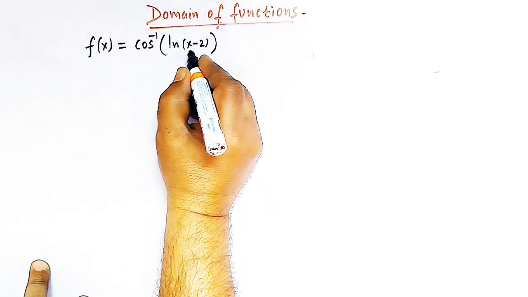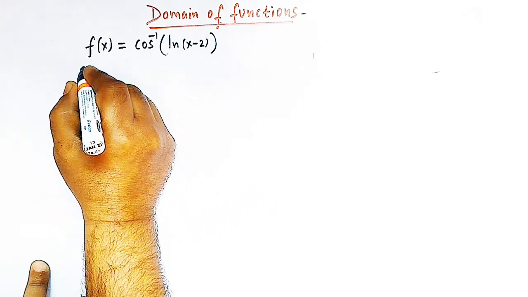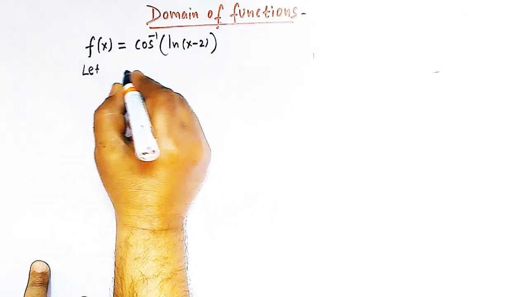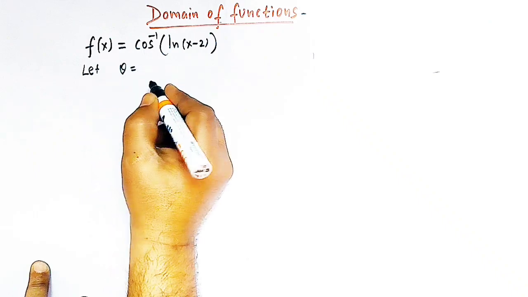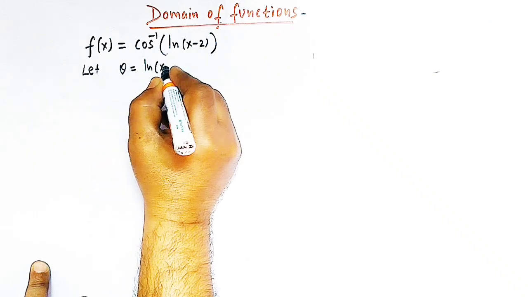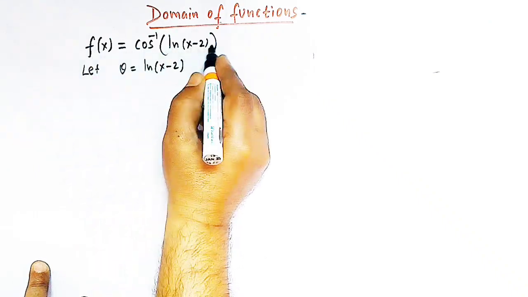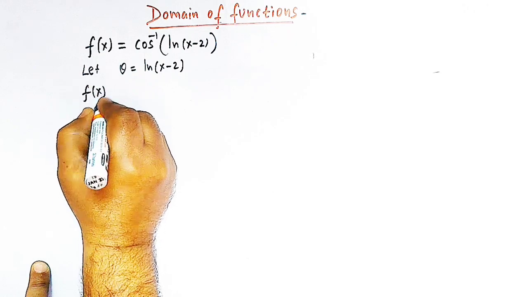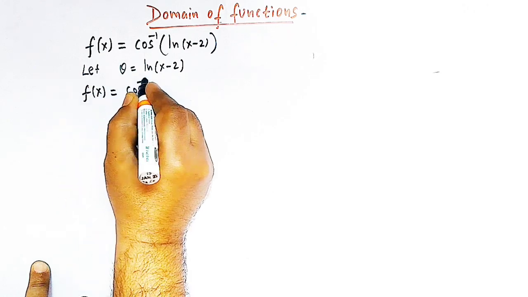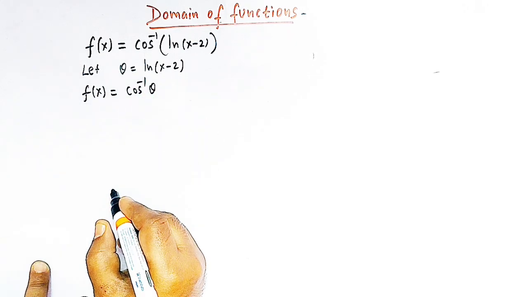So let us take natural log of x minus 2 as theta. So here we'll make this assumption, that is theta is equal to natural log of x minus 2. So now we can write this function f of x is equal to cos inverse theta, right?